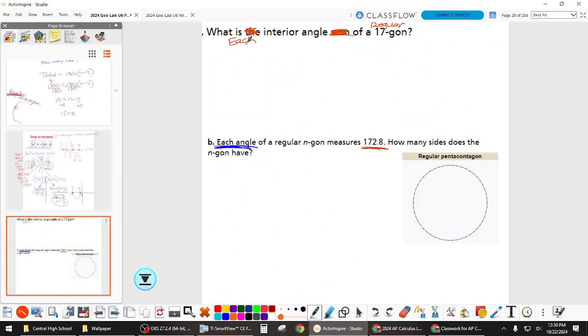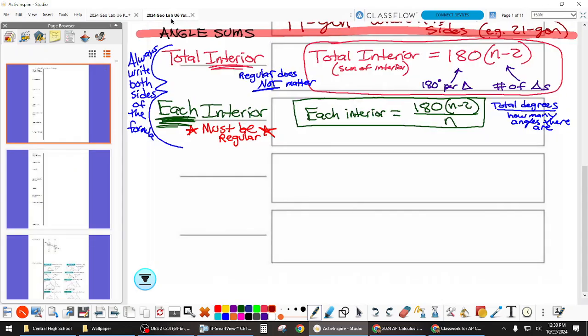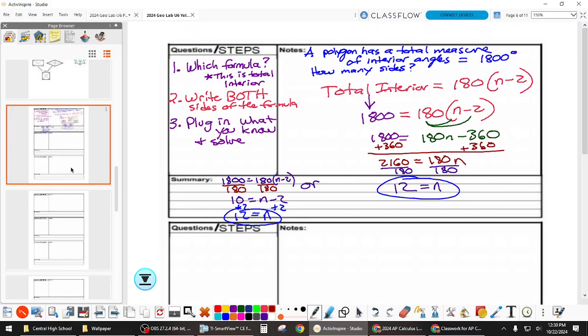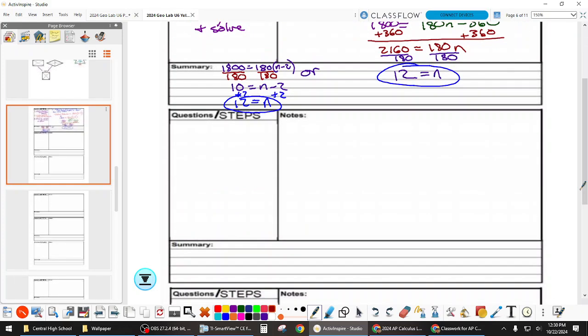So what is each interior angle of a regular 17-gon? Shall we just do this one in your notes? I'd like to do 2 versions because this is like what I would consider the straightforward version where you're just plugging it in. So let's squeeze 2 examples in here. Please underline the word each.